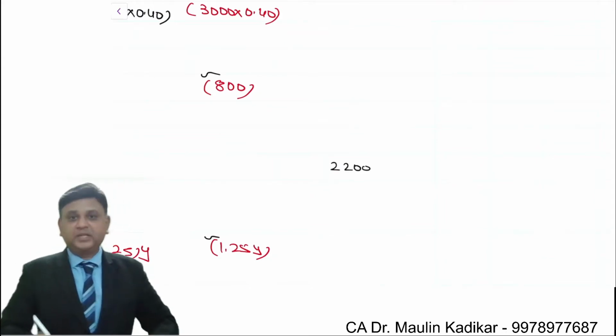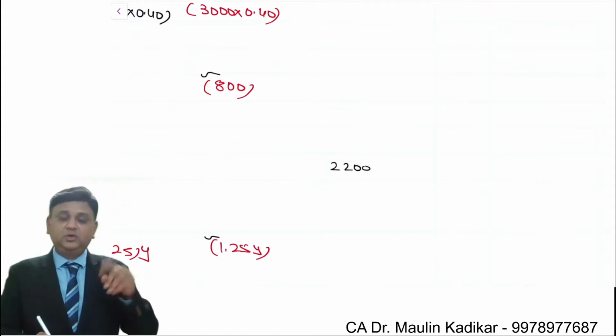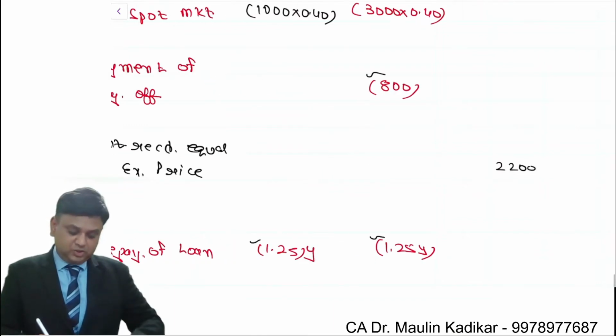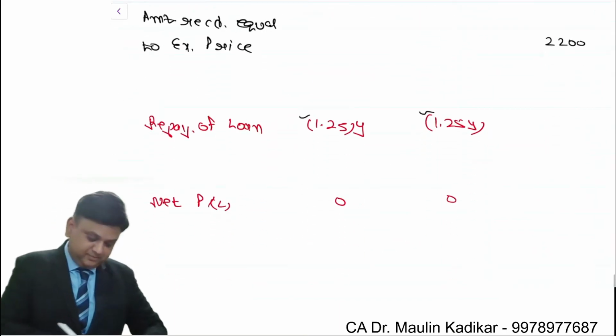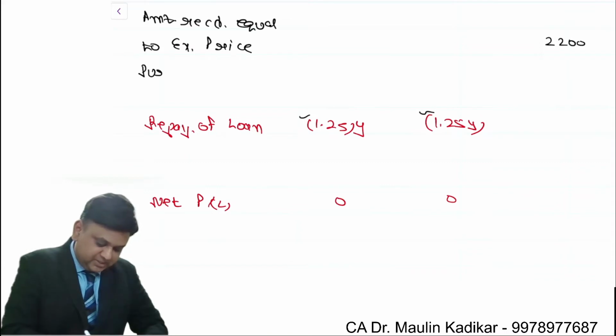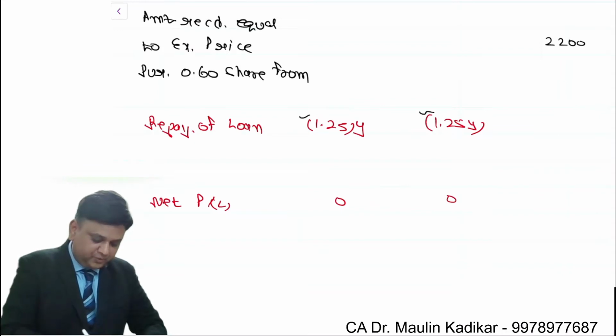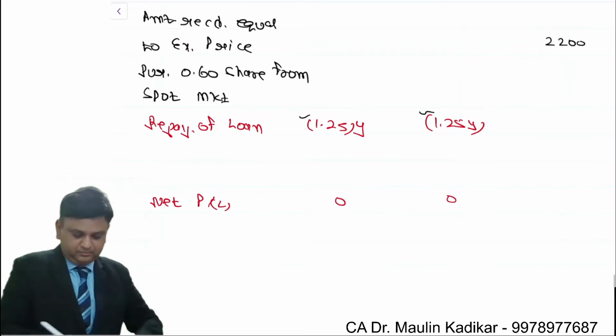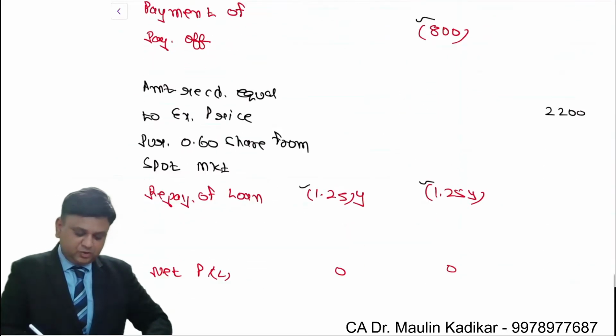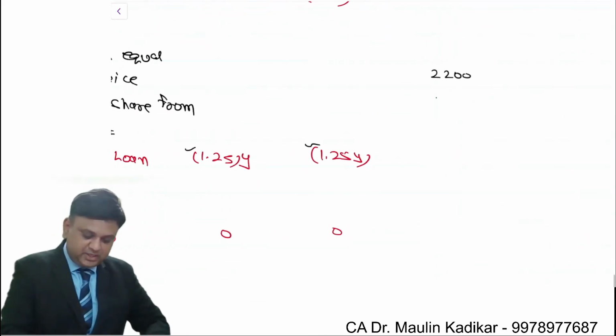Now you have to give one share. You already have 0.4 share. So now you will buy 0.6 share. So purchase 0.6 share from the spot market. So 3000 into 0.6, that comes to 1800.